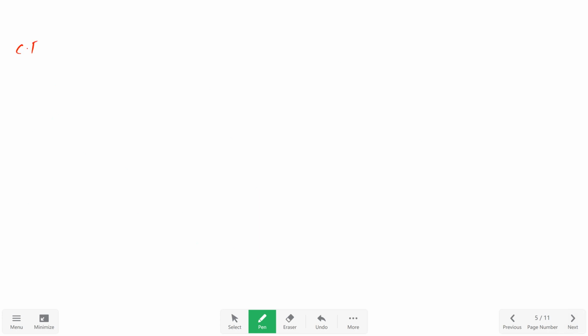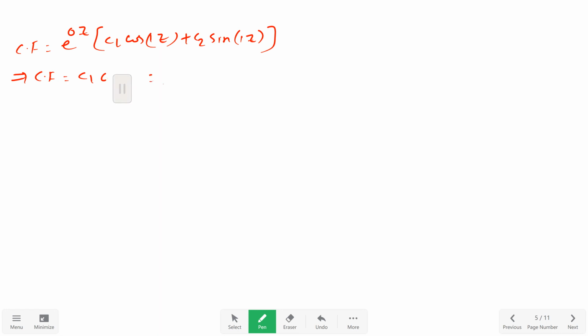So CF = e^(0z)(C1 cos 1z + C2 sin 1z). Therefore finally the complementary function is CF = C1 cos z + C2 sin z.